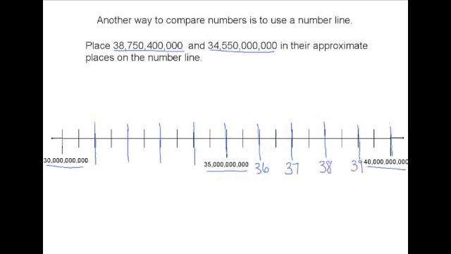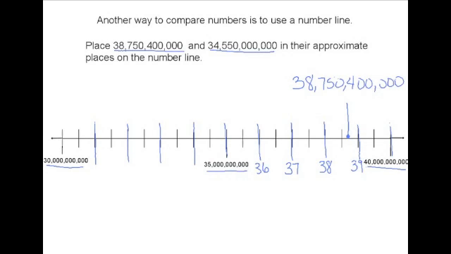So my number, 38,750,400,000, will be between 38 and 39 billion, and it'll go right about here. So I'm going to rewrite that number so I know what that place is marking. Okay, and now my other number is 34,550,000,000.